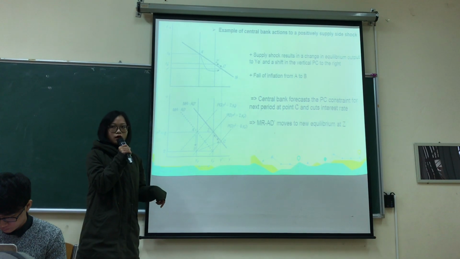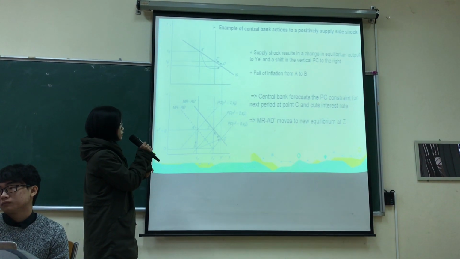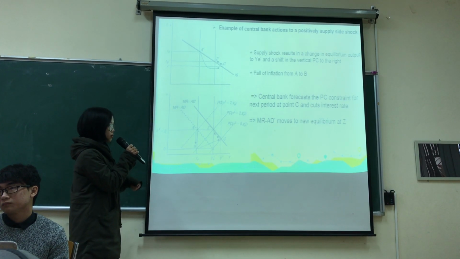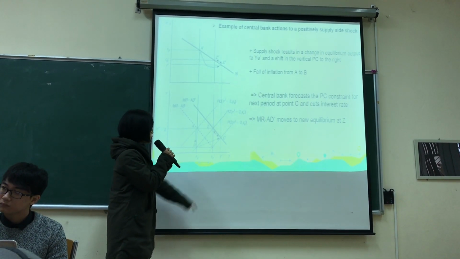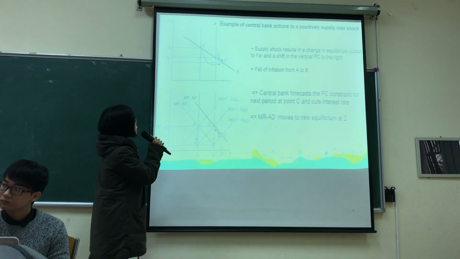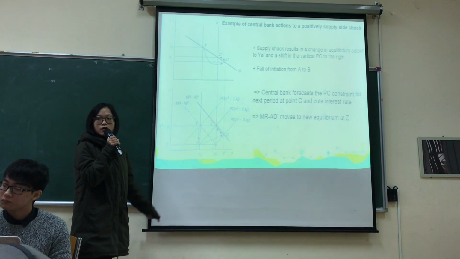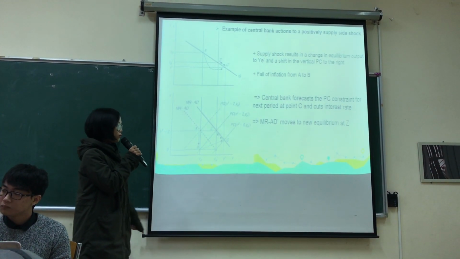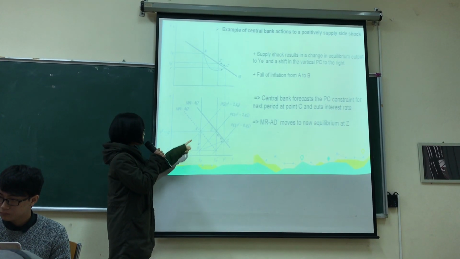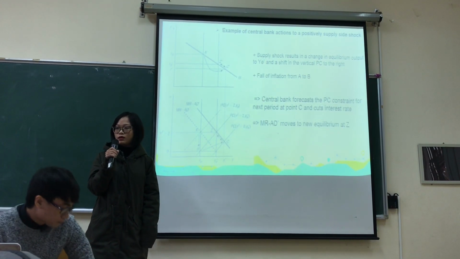The central bank will first forecast the PC curve for the next period and move to point C. The next action is to decrease the interest rate as in the chart above. Therefore, the MR curve will move to a new position that will achieve the inflation target of 2%.